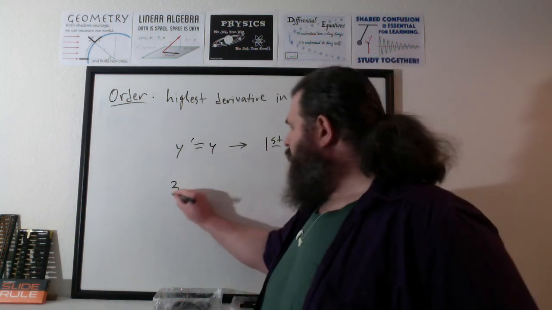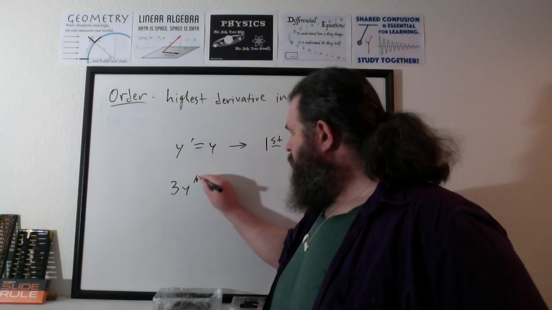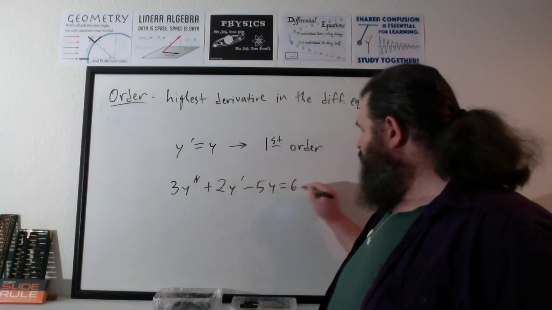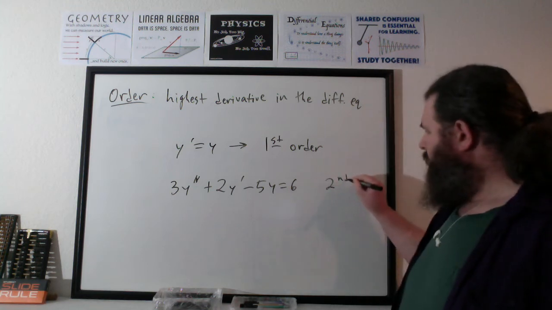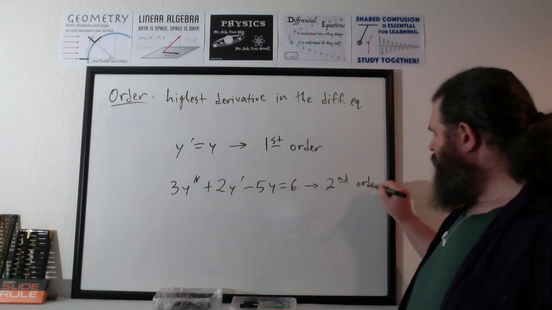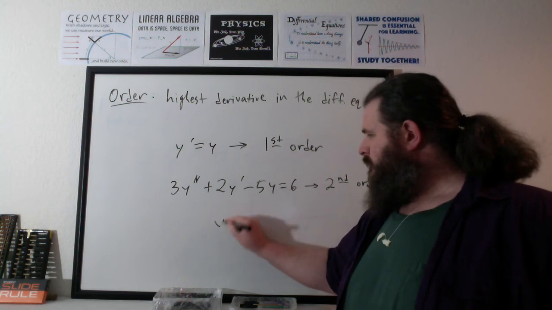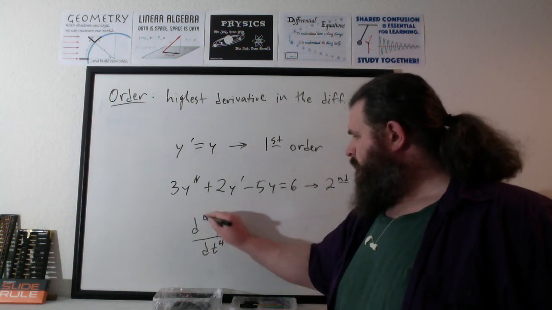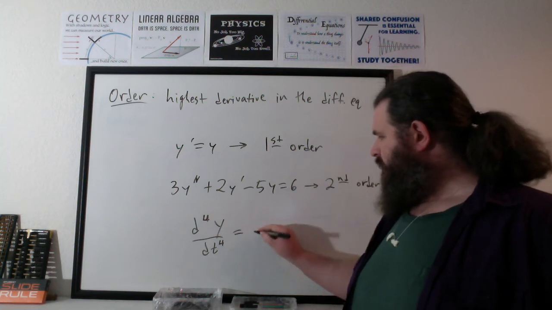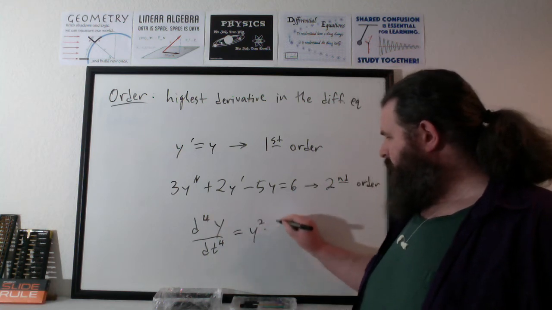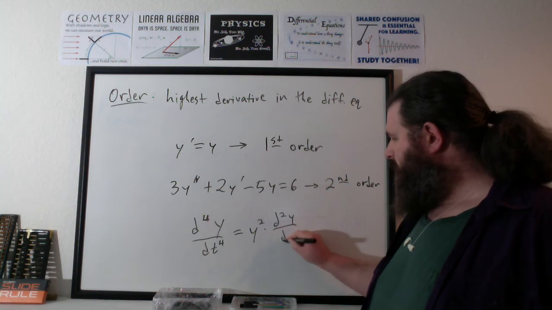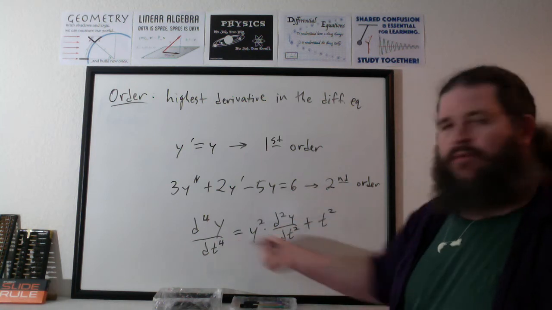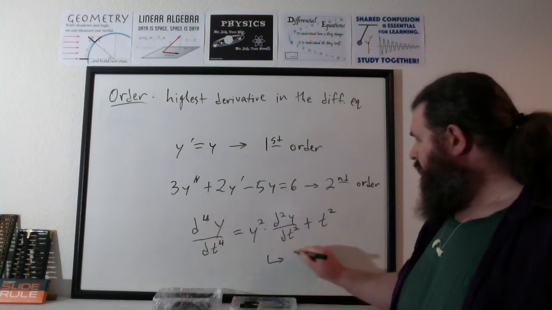If we had something like 3y double prime plus 2y prime minus 5y equals 6, this would be second order. Or if we had the fourth derivative of y equals y squared times the second derivative of y plus t squared, this would be fourth order because it has a fourth derivative.